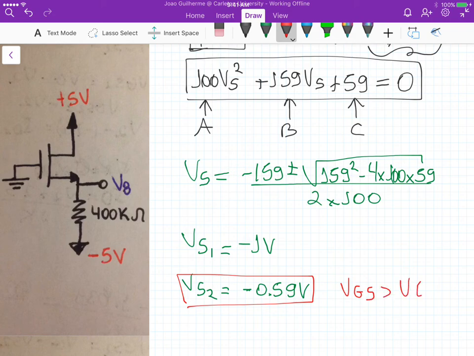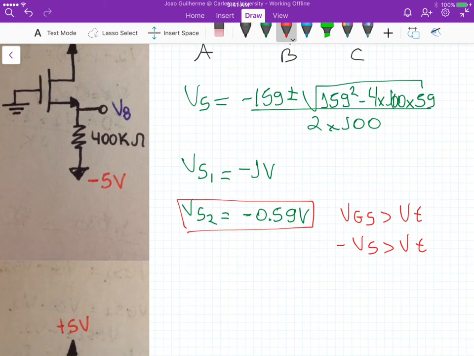Again, if we pick this one here for Vs, we have to remember that VGS should be greater than Vt. Because Vg is equal to 0, minus Vs should be greater than Vt. If we substitute minus 0.59 here, we get 0.59 greater than 0.8, and that's not true.